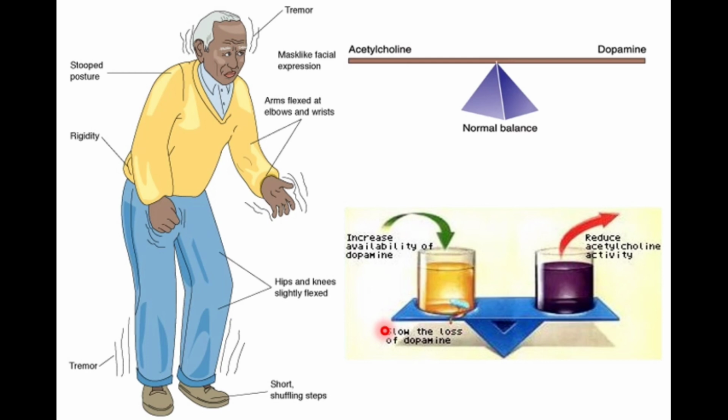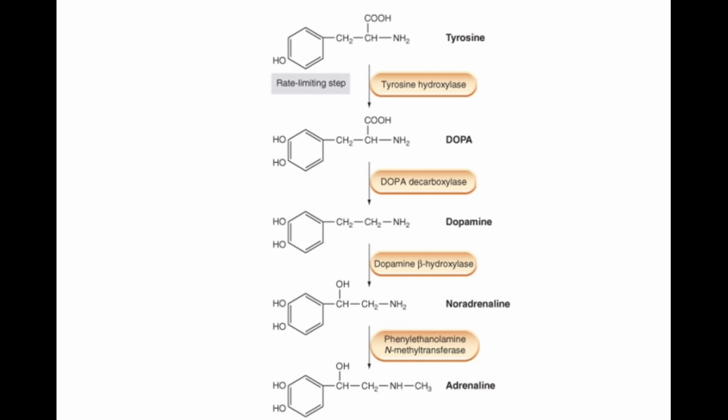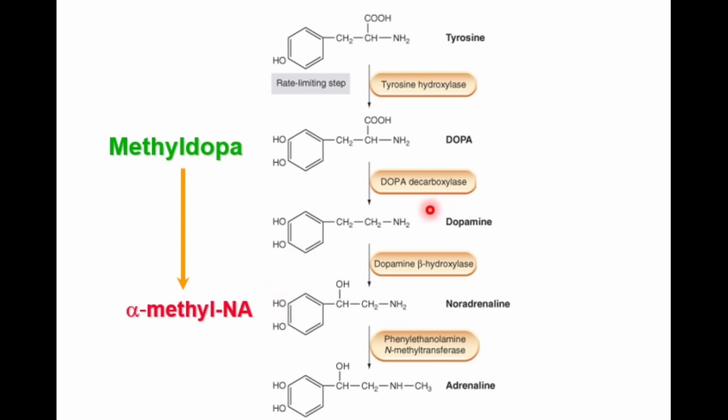Of course, you will receive more details in the central nervous system pharmacology lecture. Methyldopa is a substrate for dopa decarboxylase and is converted to alpha-methyldopamine.